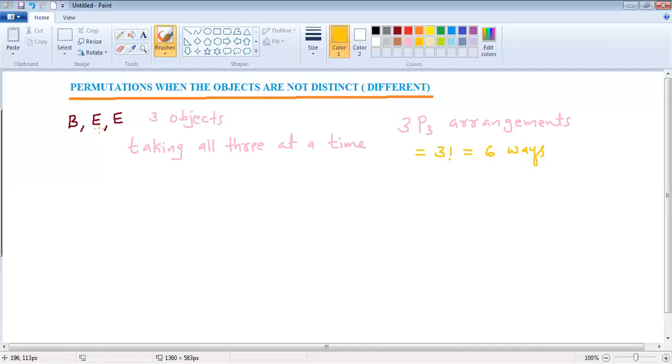So we call this E as E1, first E, second E is E2. So when we write the arrangements, what will happen?